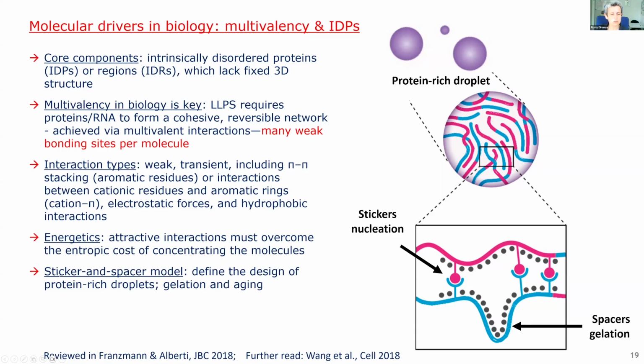There's also something called the sticker and spacer model, which defines sticker interactions that lead to nucleation, or spacer that leads to gelation, which is practically the aging of such condensates, a process via which the viscoelastic properties are changing.